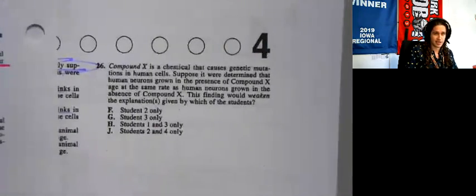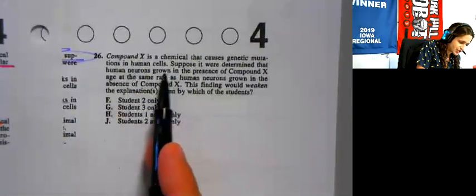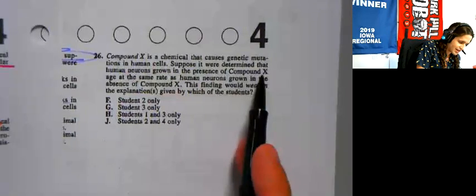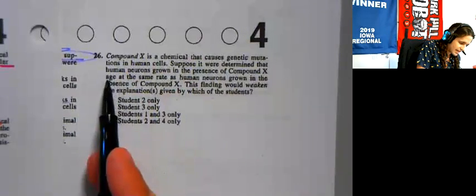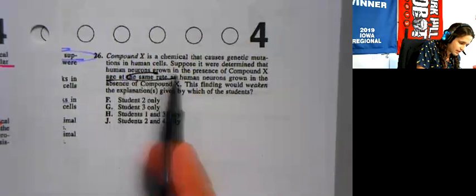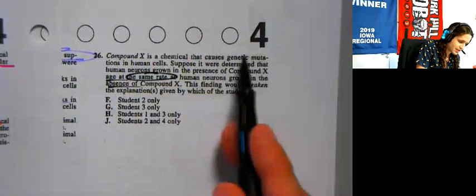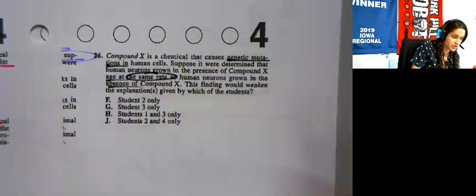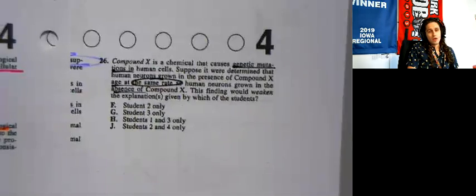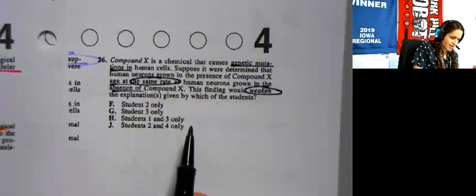Last one. Compound X is a chemical that causes genetic mutations in animal cells. Suppose it were determined that human neurons grown in the presence of compound X age at the same rate as human neurons grown in the absence of compound X. So this is something that causes genetic mutations, and this says it would weaken the explanation given by what student.